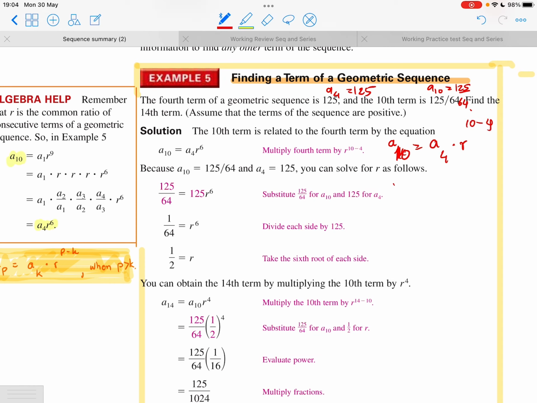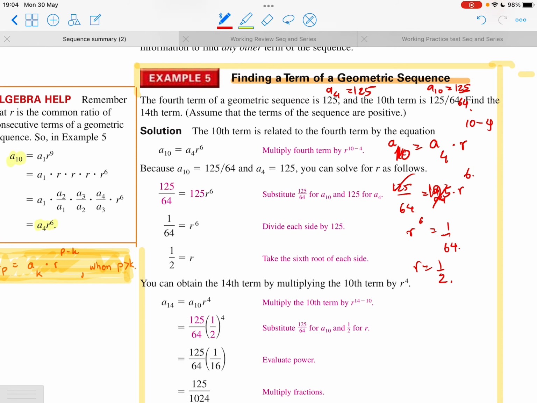So 125 over 64 equals a4 times r to the 6. And a4 is 125, so r to the 6 is 1 over 64. So we know that r is 1/2.